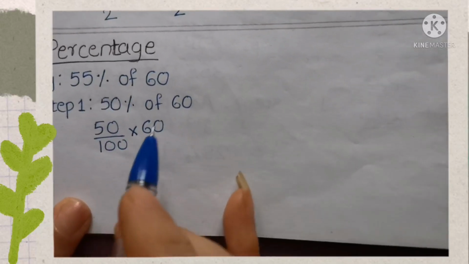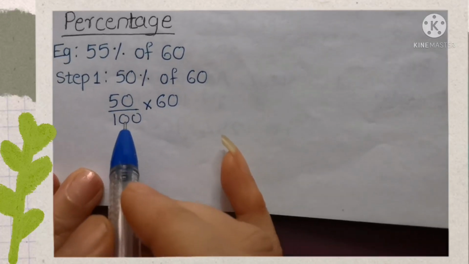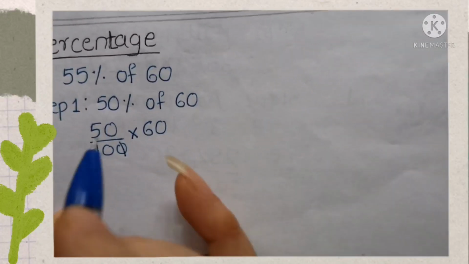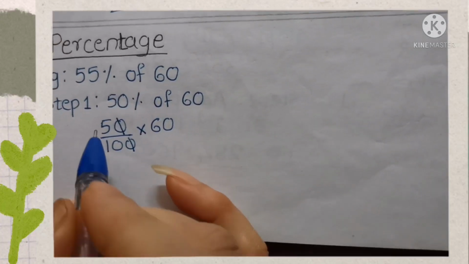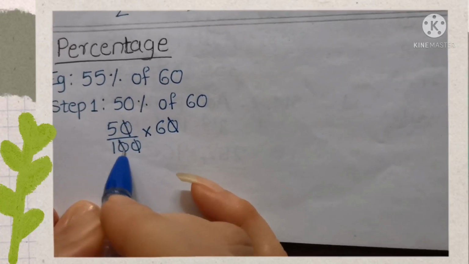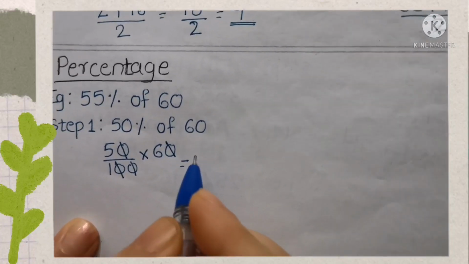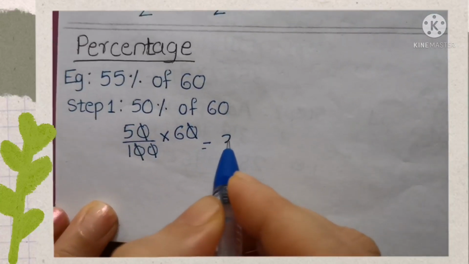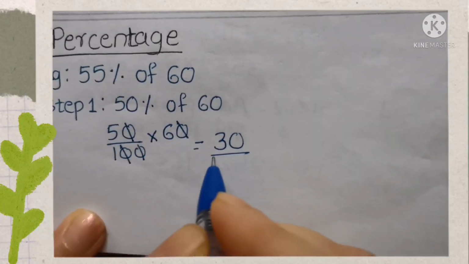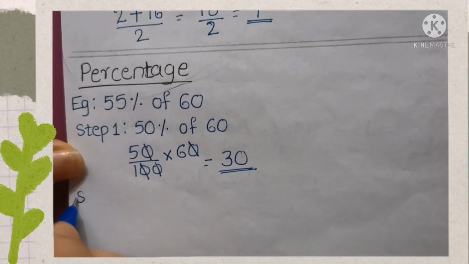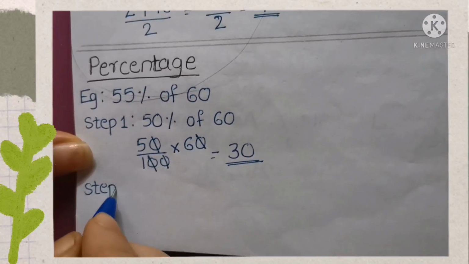So we write 50 upon 100 into 60. Let's cancel 0 with 0 and another 0 with another 0. That is our step 1 answer: 5 into 6 is 30. So we have found the 50%.